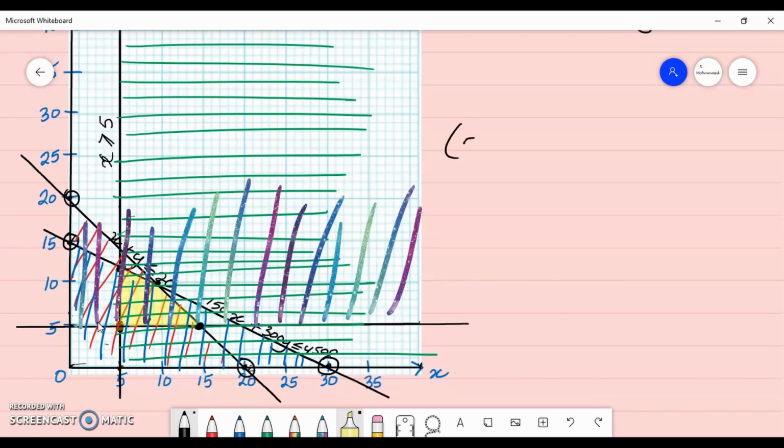So I'm going to write that here, (5, 5). This one on this side is going to be (15, 5). This one here is going to be (10, 10), and this one here is going to be (5, 12).